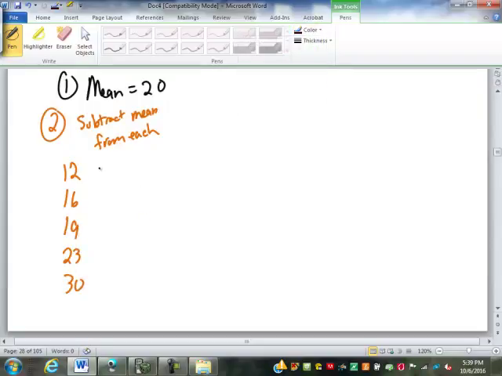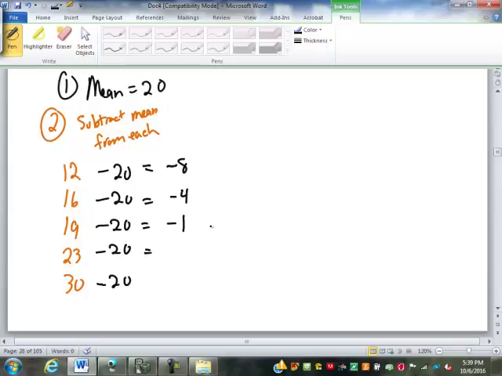And we will subtract 20 from each of those. 12 minus 20? -8. 16 minus 20? -4. 19 minus 20? -1. 23 minus 20? It's 3. And 30 minus 20? It's 10. Now, this isn't part of the calculation, but if we wanted to double check here, what would we do? If we add those up, that should add to 0.